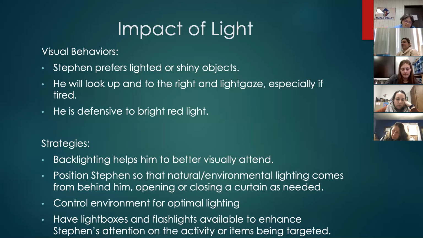Open or close curtains as needed. Control the environment for optimal lighting. That might be having things as dark as you can and still be able to see, but what you're working on is backlit, so that helps him. He can fix his visual attention on whatever is in front of him more easily.